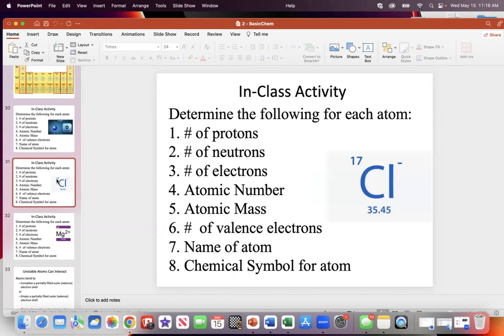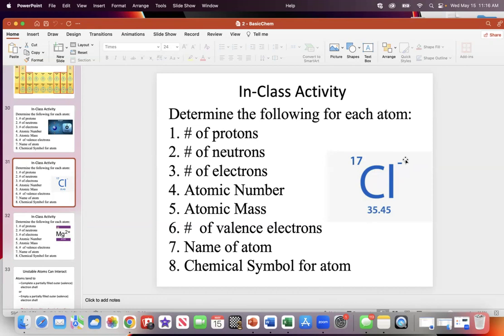This one is chloride. You have proton number 17, atomic weight 35.45, which is 35. In the test, I'll give you the atomic mass instead of atomic weight, so it won't be that confusing. And it's -1 charge.